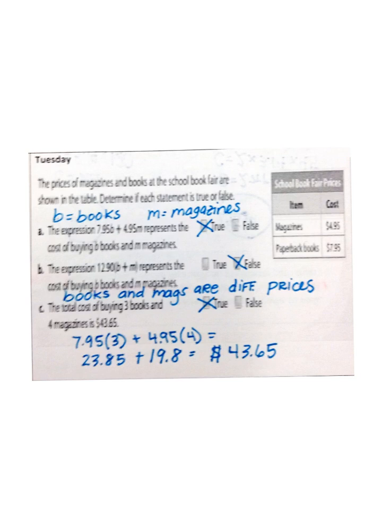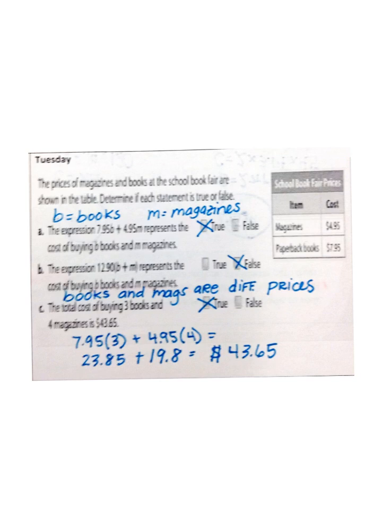That is true. For B, the expression $12.90 plus B plus M times B plus M represents the cost of buying B books and M magazines. That is false. We cannot combine the $7.95 and $4.95 to get $12.90 and multiply it times B plus M because the books and the magazines are different prices.